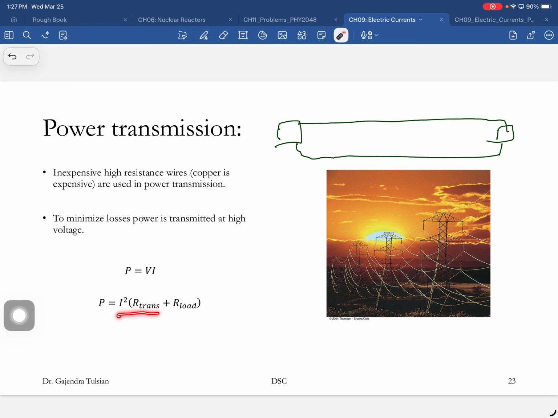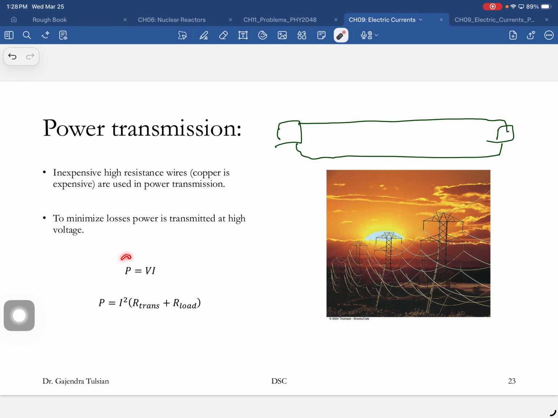If you want to minimize this power loss, you want to transmit power at a very low current. Because if the current is half as much, the power loss is 1/4 as much. So you want to transmit power at low currents.